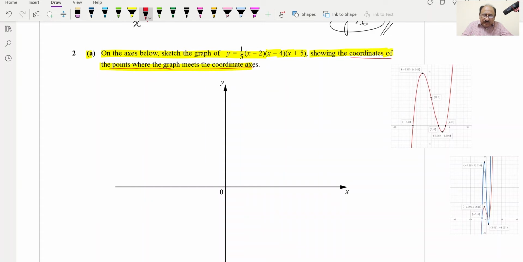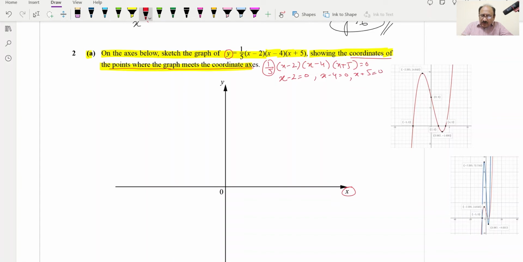So we can replace y is equal to 0, because for the x-axis we will replace y is equal to 0. So this implies 1 over 5 into x minus 2 into x minus 4 into x plus 5 is equal to 0, and we know 1 over 5 is not equal to 0, so this implies x minus 2 is equal to 0, x minus 4 equal to 0, and x plus 5 is equal to 0.